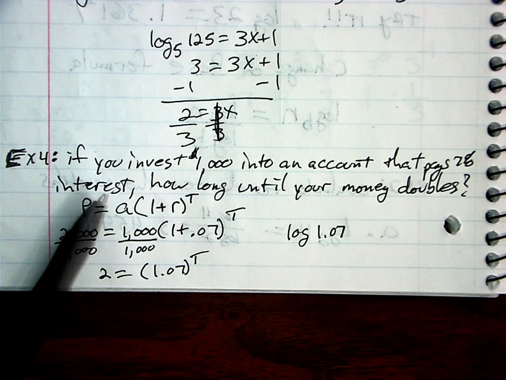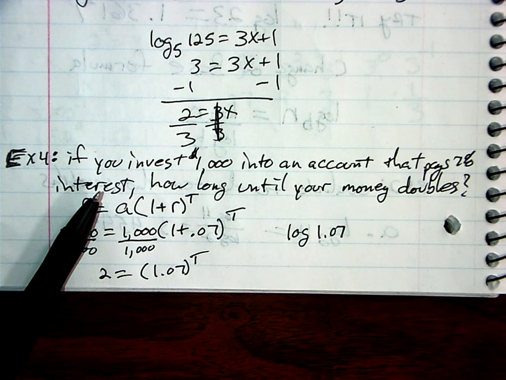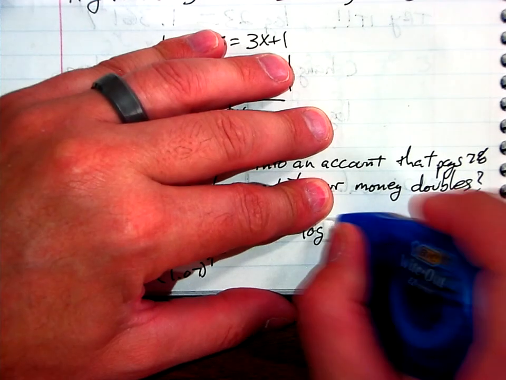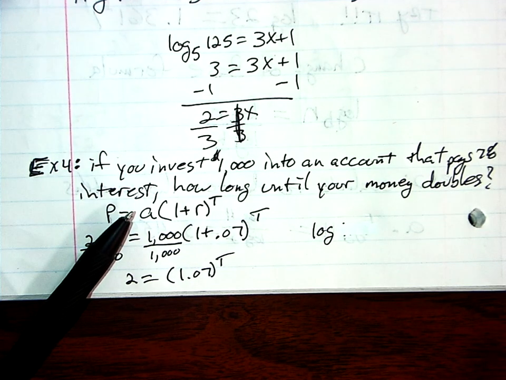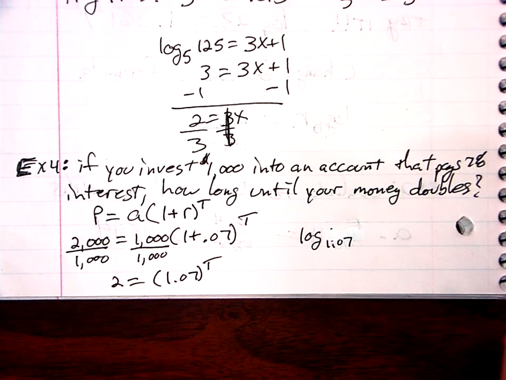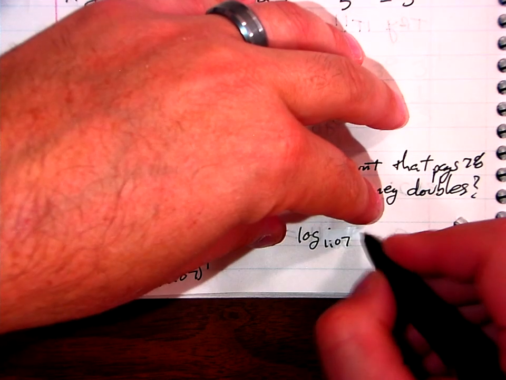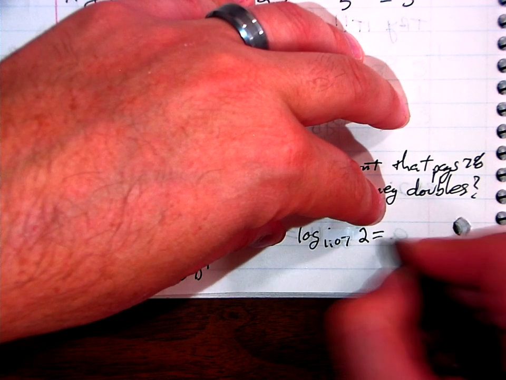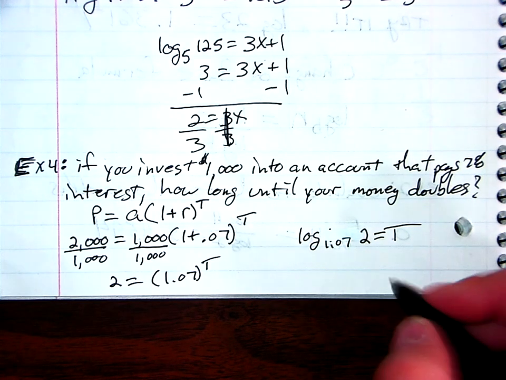I should have wrote that as a subscript. Sorry, let me fix that. I did that last period too. I wonder what my problem is. Log subscript 1.07. And then what happens to the T and the 2? They swap sides.